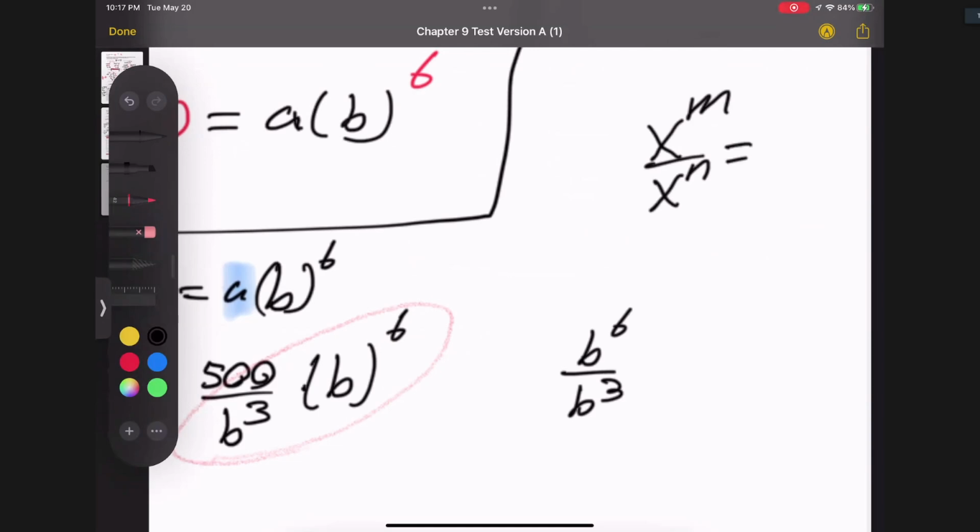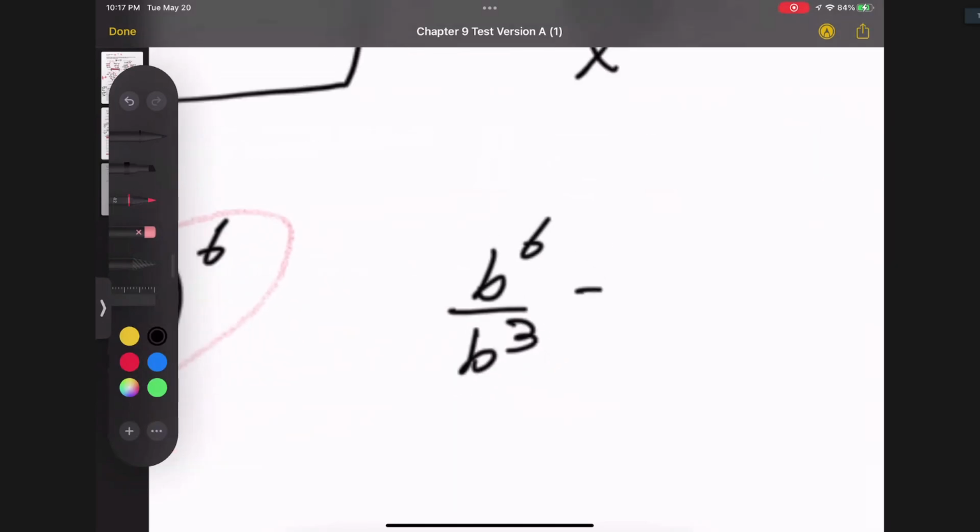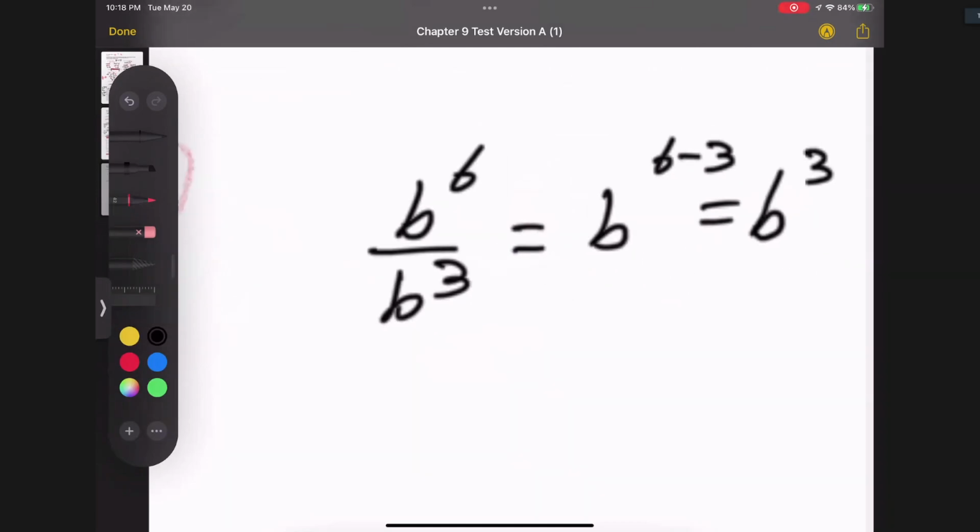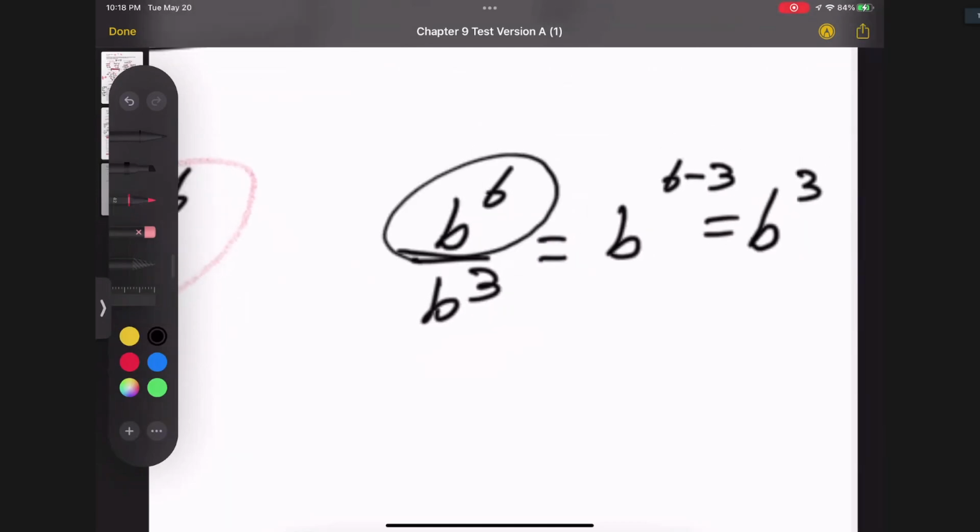When you have the same base, all you need to do is subtract the exponents, m minus n, top exponent minus bottom. In this case, this is going to be b to the power of 6 minus 3, which is b to the power of 3. Another way to look at this as well is how many b's do I have at the top? I have 6 of them. How many b's do I have at the bottom? That's a horrible b right there. That looks almost like a 6. There you go. How many b's do I have at the bottom?